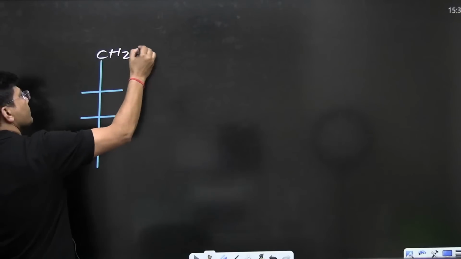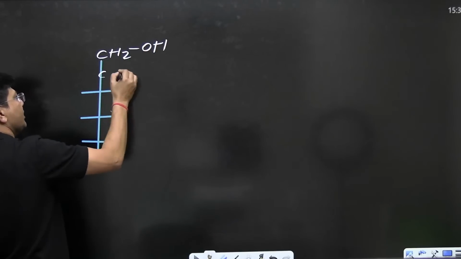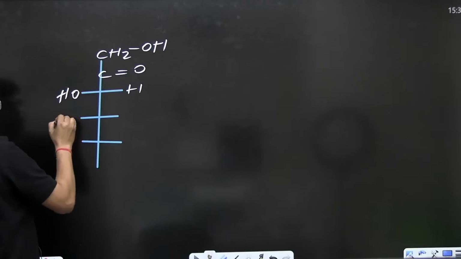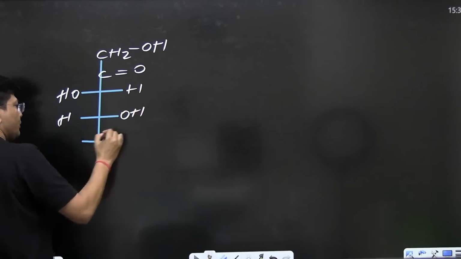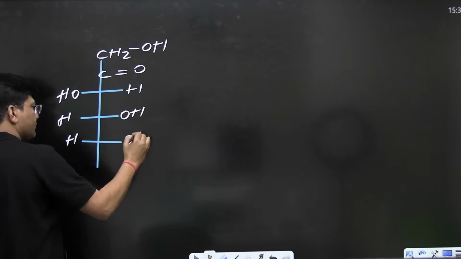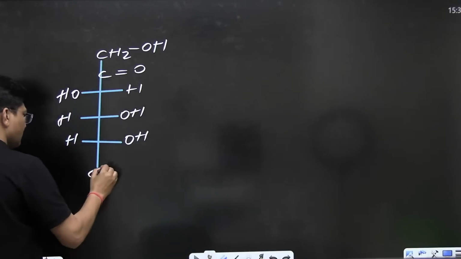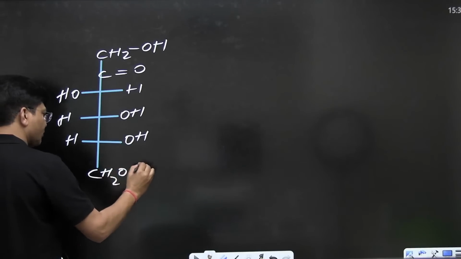CH2OH, C double bond O, CHOH, third carbon, fourth carbon, fifth carbon and sixth carbon, right? Can you understand? This is your fructose.